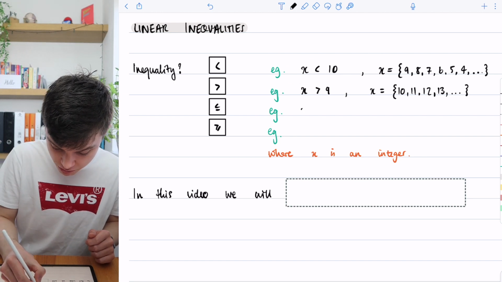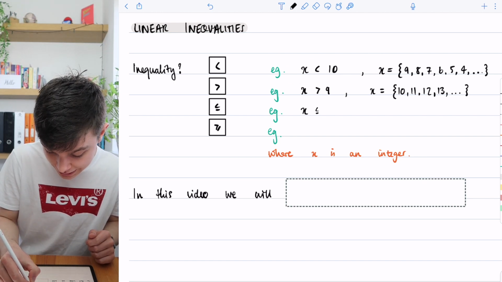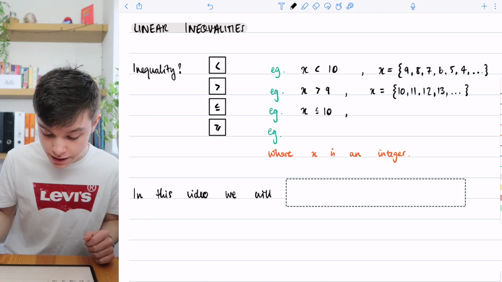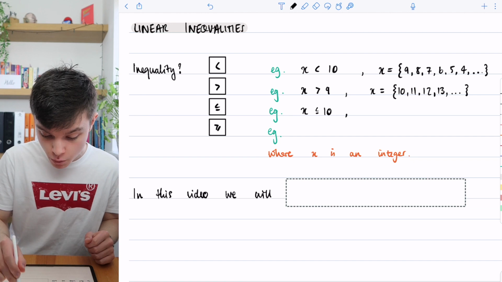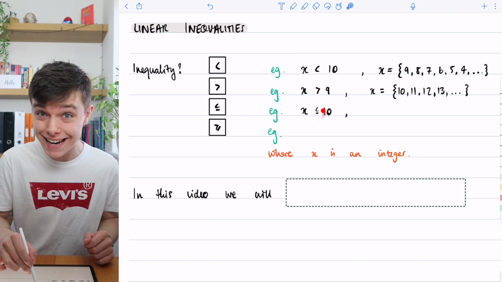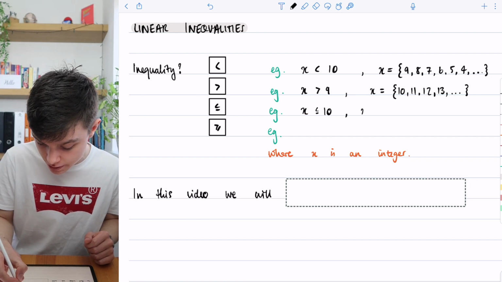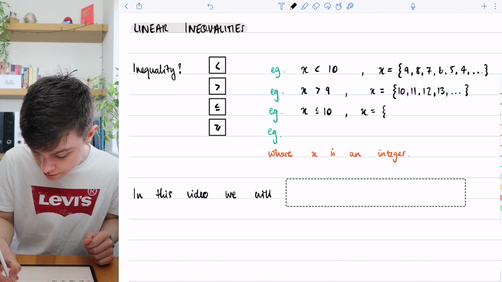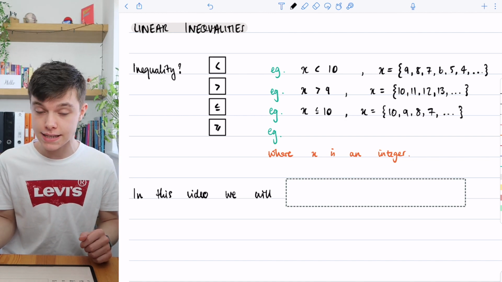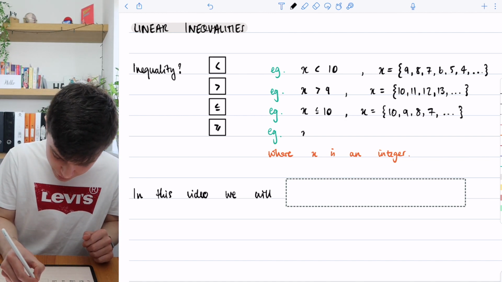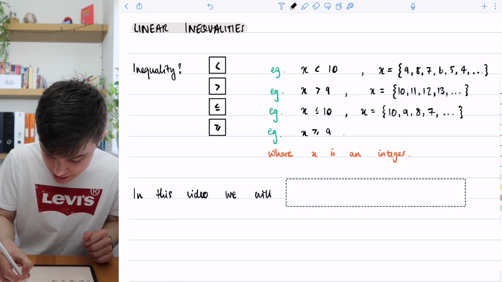Let's have a look at less than or equal to 10. What's going to change about this set here? Well, the only difference is we can now be equal to 10. So it's going to be the set 10, 9, 8, 7, and that can carry on down to negative infinity. And let's have a look at greater than or equal to 9.